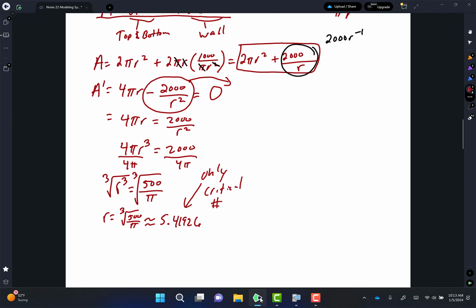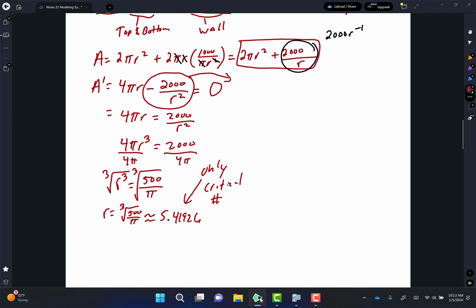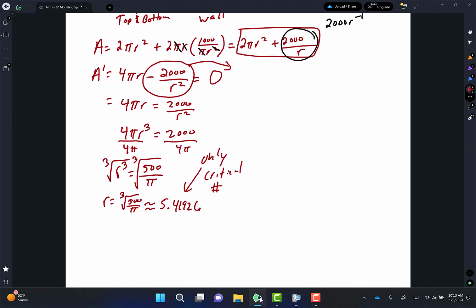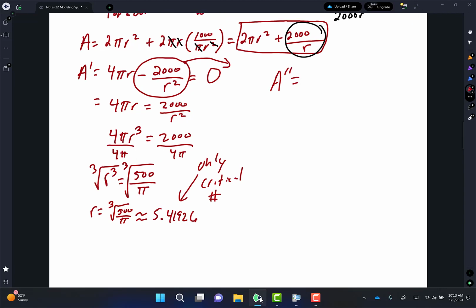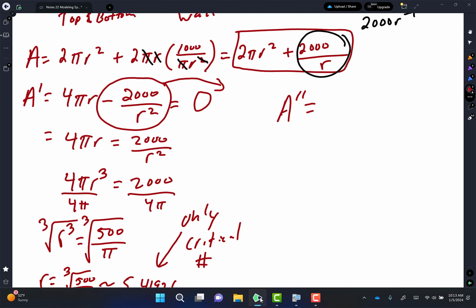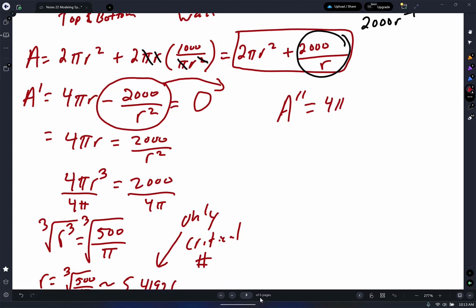So I'm going to prove that the second derivative is always positive. A double prime equals, and let me zoom in. The derivative of 4 pi r is just 4 pi. We still okay? And then 2000 r to the negative 2: 2000 times 2 is 4000, and I subtract 1 from the negative 2, so that's r to the third power.